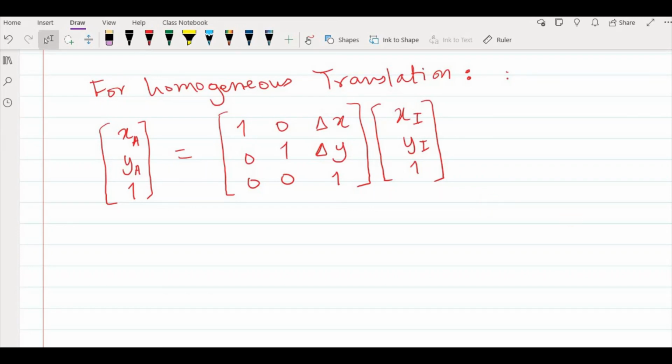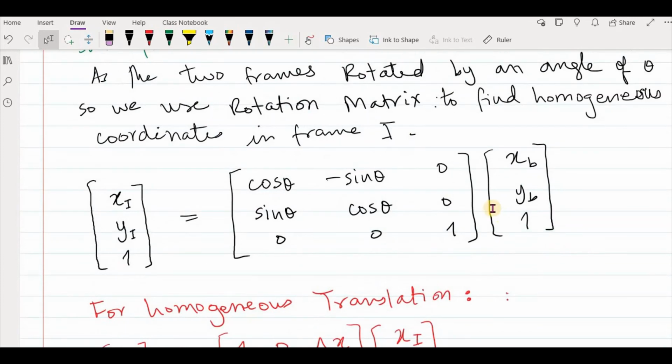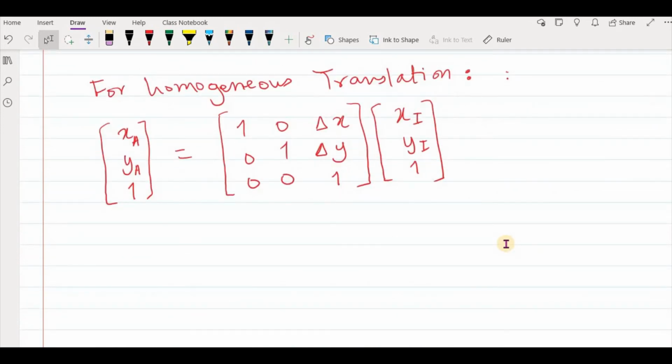If this is clear, now we shall see how we can perform these two operations in a single matrix.